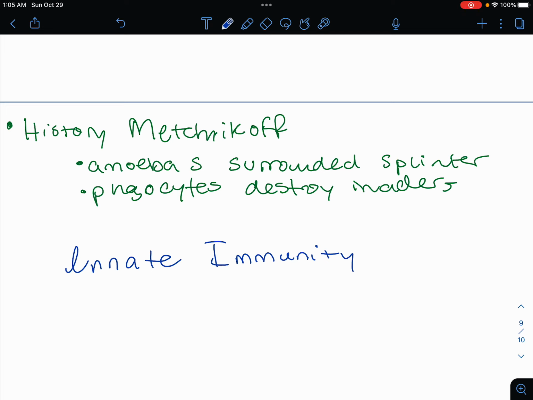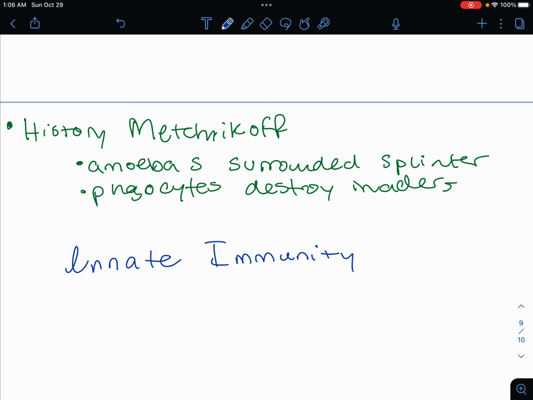He found amoeba-like cells surrounding a splinter or a wound that he made into something. And the cells would ingest foreign material, so he called these phagocytes, or cells that eat. And from this discovery and these observations, he won the Nobel Prize in 1908.